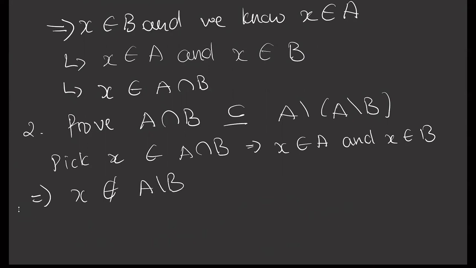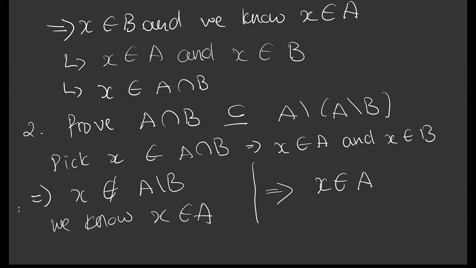Because X not being in B would contradict X being in B here. So that's why we can conclude this one. And we know X is in A. So from these two, we can say that X is in A exclude B.